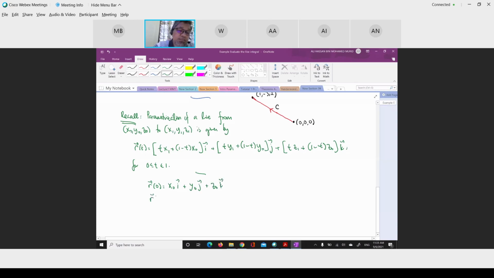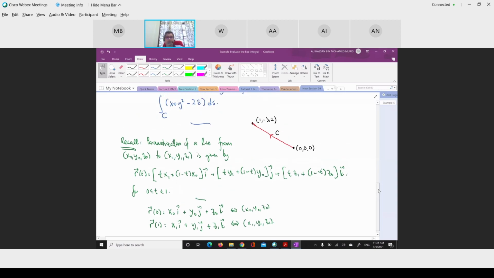And if I replace t by 1, the result is x1 i plus y1 j plus z1 k. So r naught is associated to the point x naught, y naught, z naught, while r1 is associated to the point x1, y1, z1. As t varies from 0 to 1, the point varies from x naught, y naught, z naught to the point x1, y1, z1.